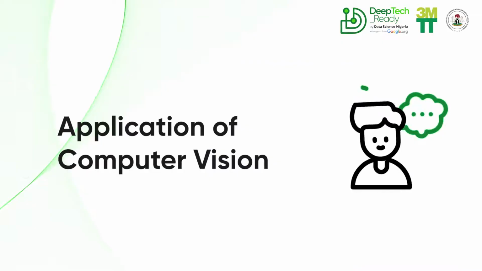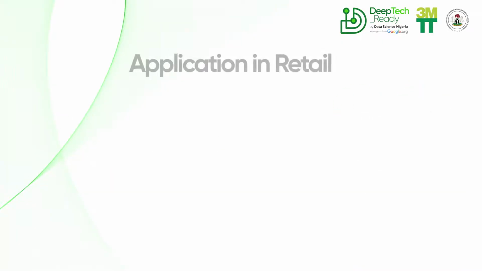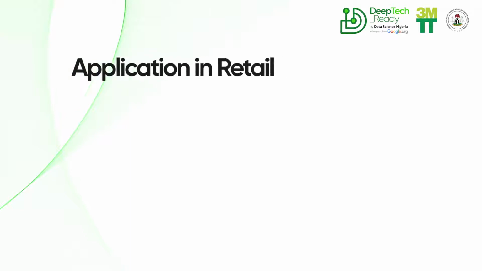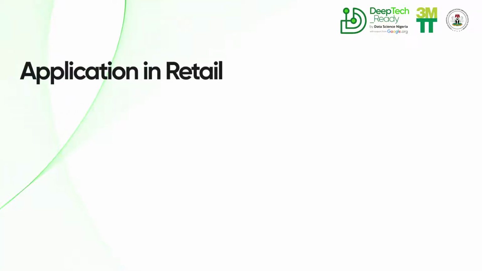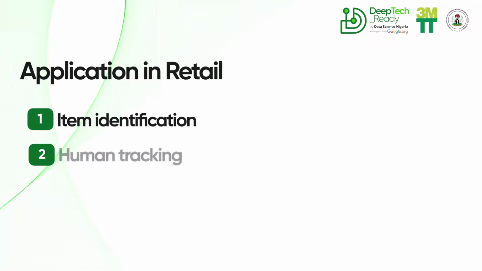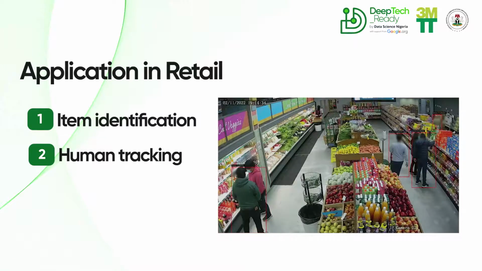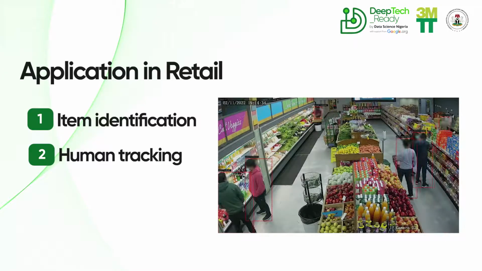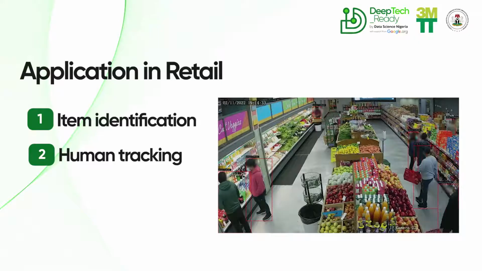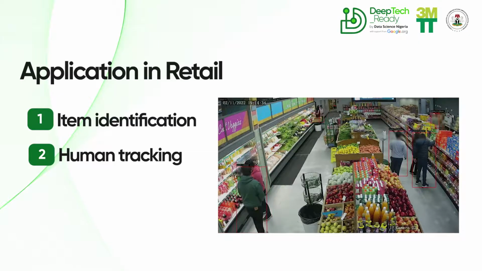All right, so let's talk about the application of computer vision. How is computer vision applicable in retail? For instance, it is applicable with respect to item identification and human tracking. As you can see in the GIF on the right, there are people moving, trying to buy or pick something from the store, right?